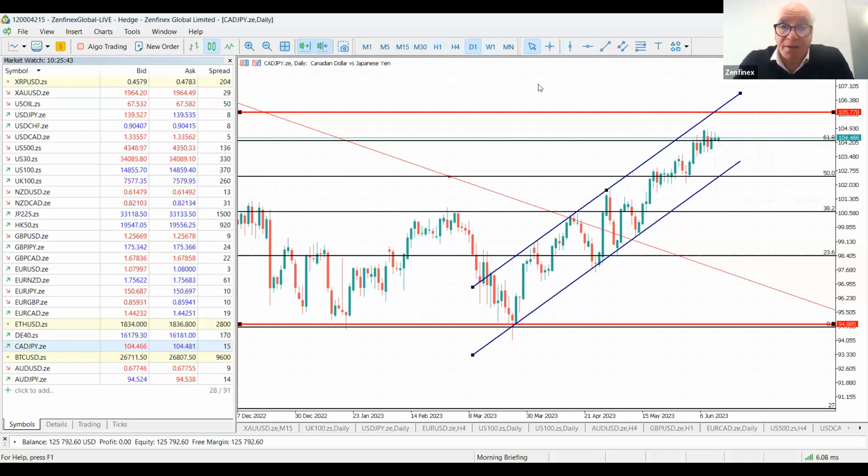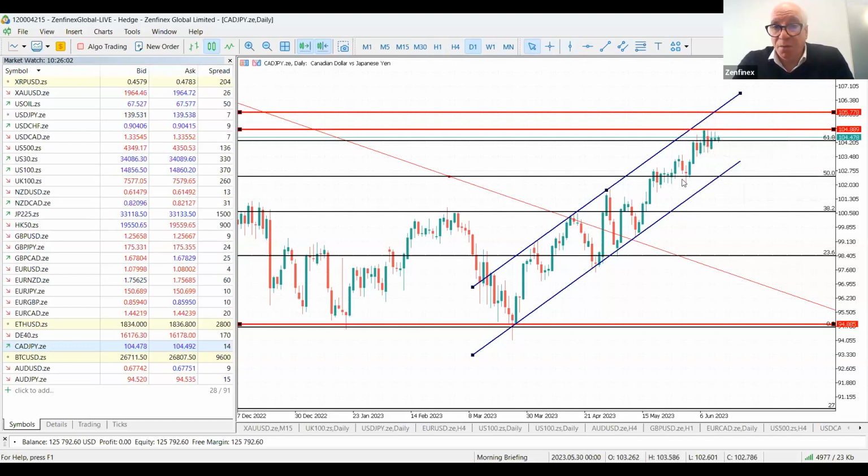So what I expect, subject to the news coming out, let's have a look. Put some levels in from a daily perspective. We've got some resistance there. We've got some support here at the 50% fib level. Let me just make that a bit more accurate there. So we've got this little area here.